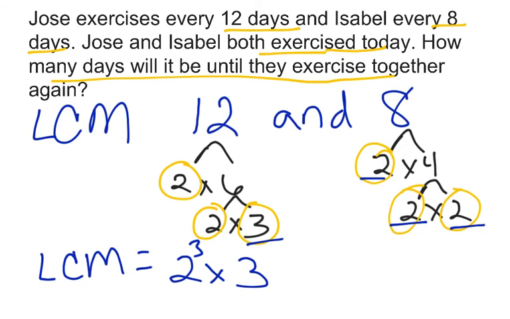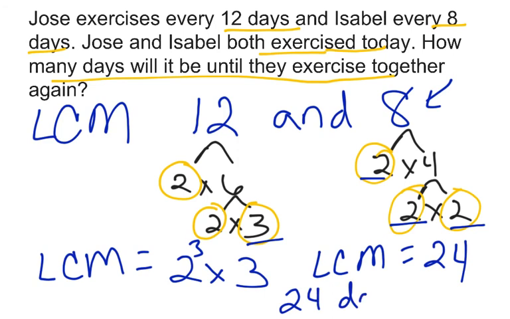So my least common multiple is 2 times 2 times 2 times 3. 2 cubed, of course, is 8. 8 times 3 is 24. So my least common multiple is 24. So now, of course, I have to go back to the question and answer it. So Jose and Isabel will exercise on the same day every 24 days.